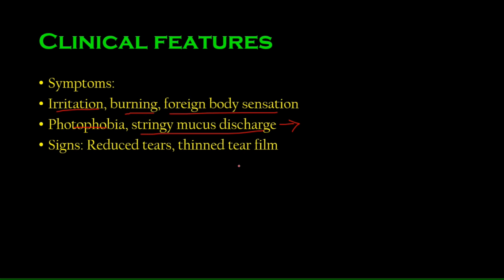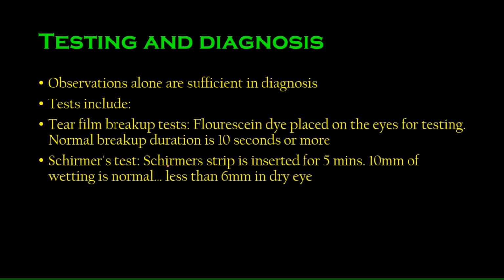The mucus discharge in dry eye is that kind of discharge. And the signs you will notice as a doctor are reduced tears and a thinned tear film, because its composition has been disturbed. Testing: usually in most cases, observation alone is enough for you to form a diagnosis that this person is suffering from dry eye.